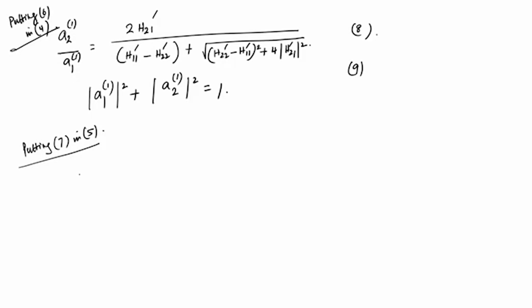So, we have A12 divided by A22, that is for the other eigenvalue.